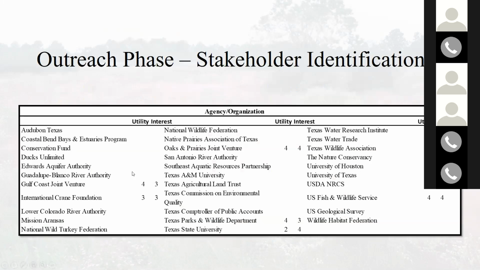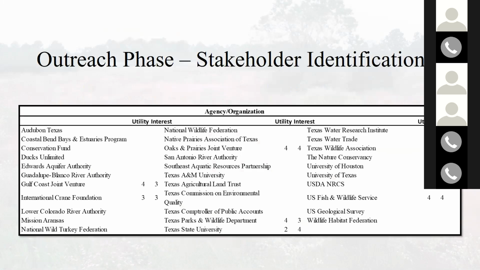I just use this as an example, ranking on a 1 to 4 scale the utility of these projects for an agency, and also the level of interest that already seems to exist there. As an example, at Texas State, obviously we're very interested in the thing we're doing, but we're not actually delivering conservation in any sense.